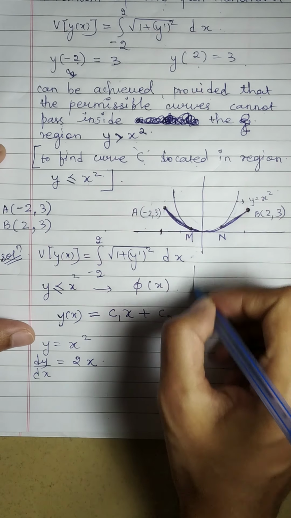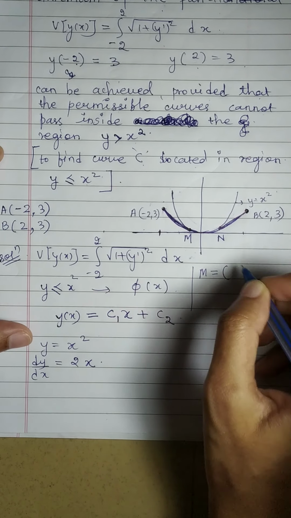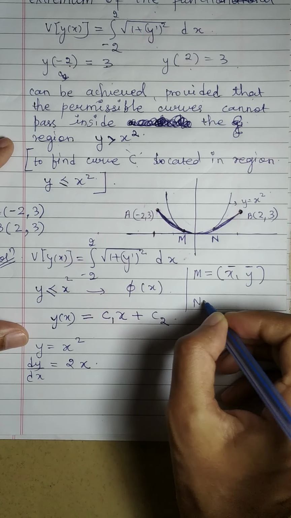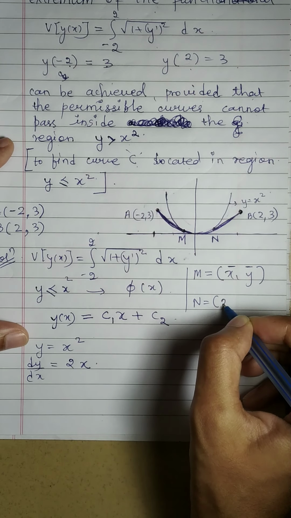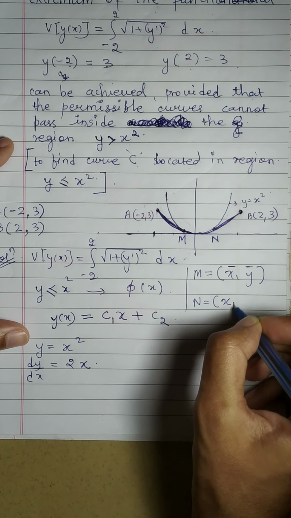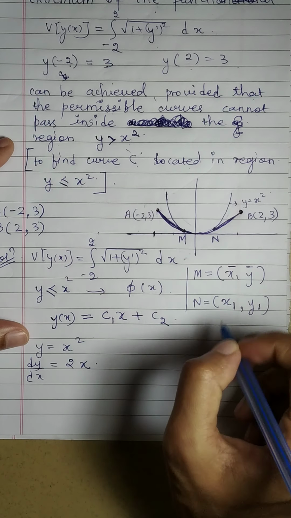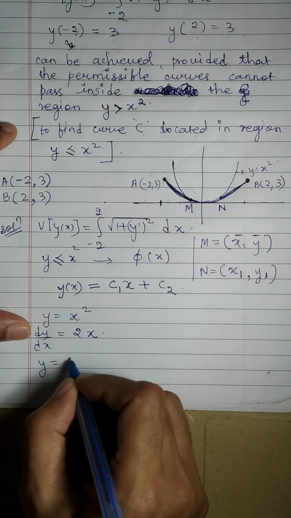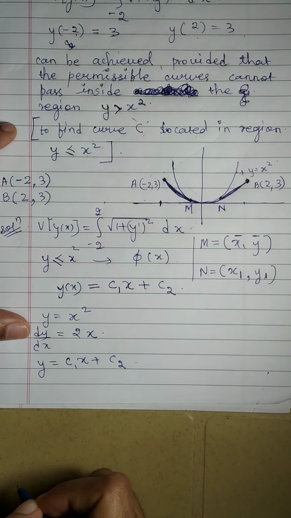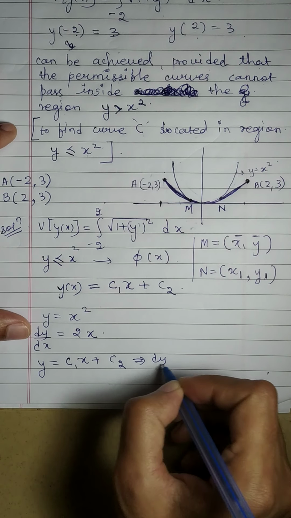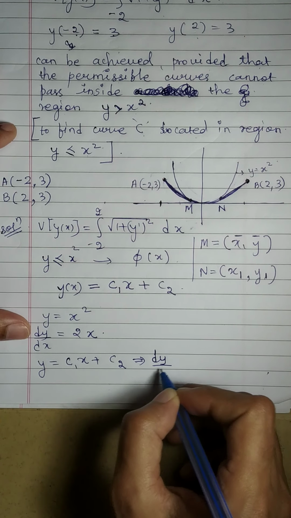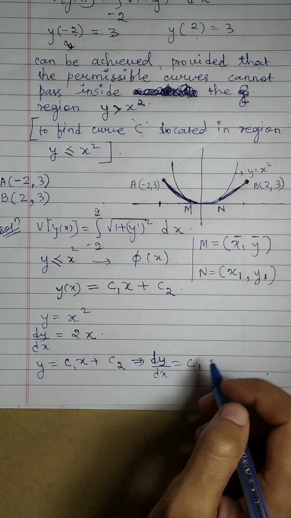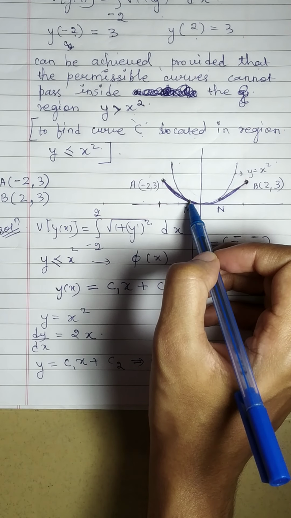Let us call this point M as x bar, y bar, and point N as x1, y1. The extremal curve is c1 x plus c2.